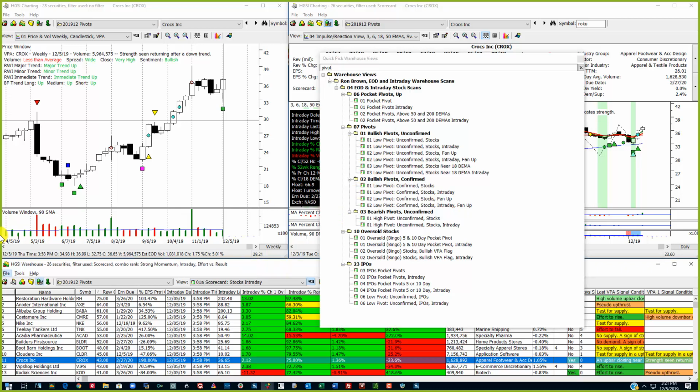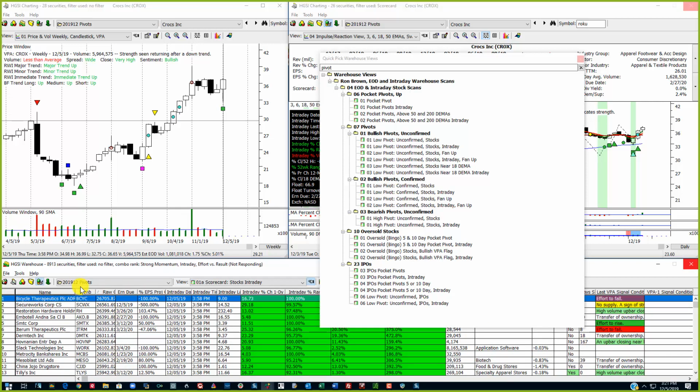So I'm going to get out of this folder. I'm going to go to all securities, and to do that I hold my alternate space bar. And what happens is this 2019-12 pivot list, which I put together, becomes all securities. And what I'm looking for are low pivots.